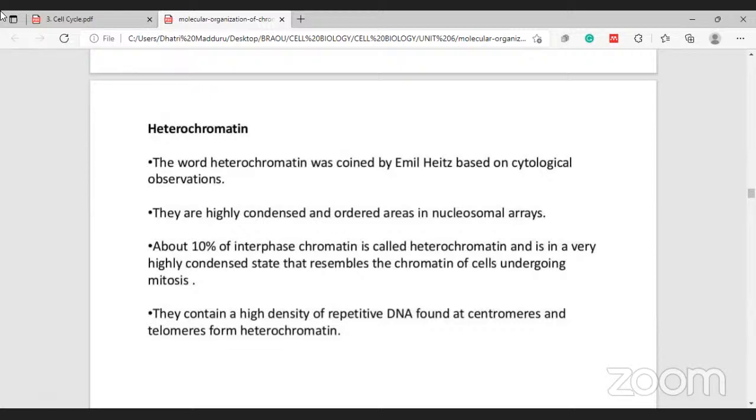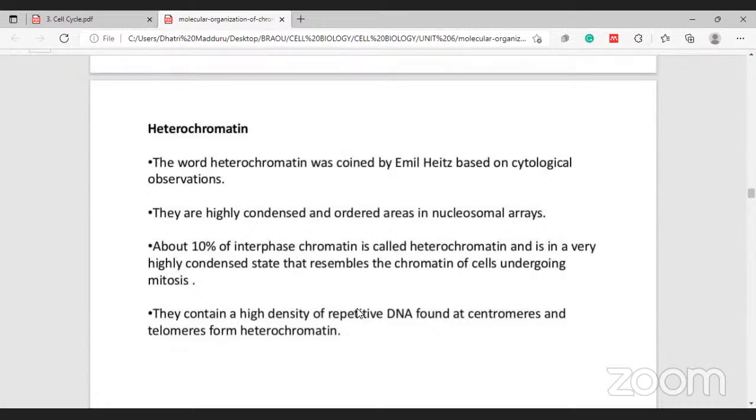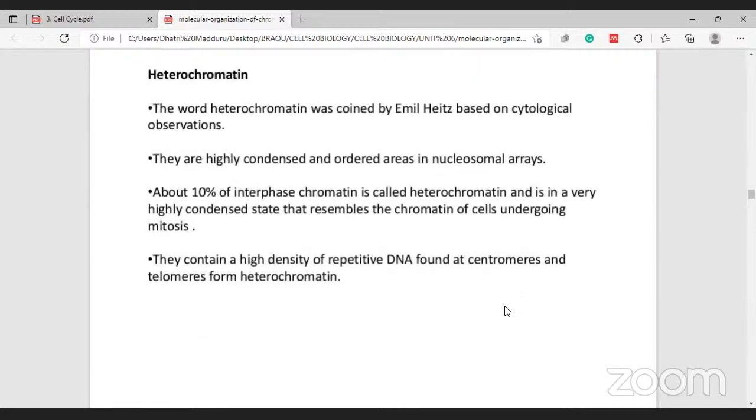The stain remains tightly associated with the chromatin. It usually has repetitive DNA, which is found in the centromere and telomeres. Telomeres are at the ends of the chromosomes, whereas the centromere is at the center of the chromosome. So there you can see the heterochromatin.